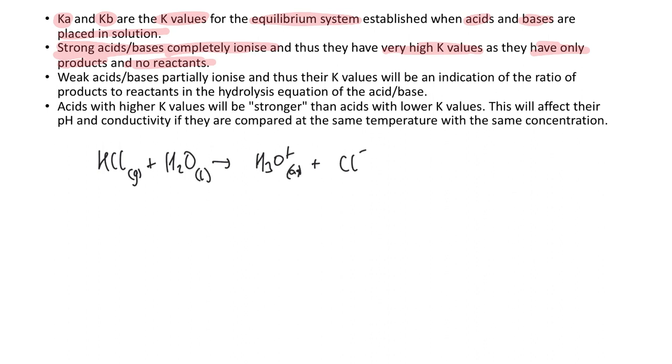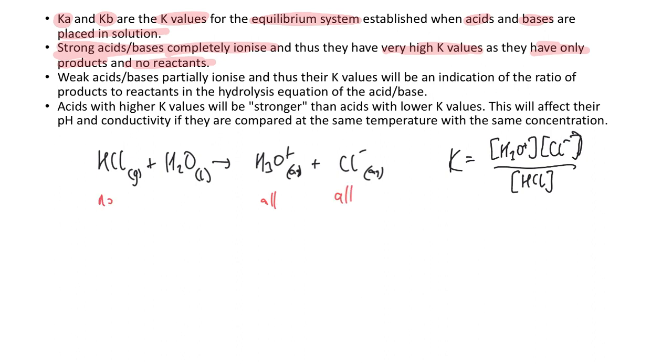So the K expression for this is [H3O+][Cl-] over [HCl]. No water, because that's a liquid, right? Because all of them are products and none of them are reactants, you're going to have an extremely high value, very close to infinite.